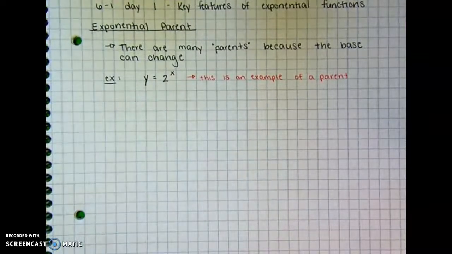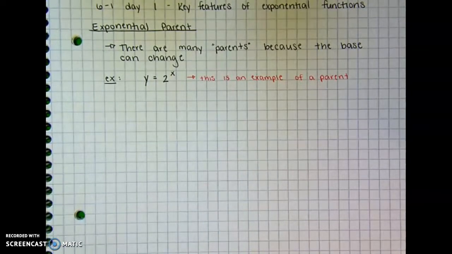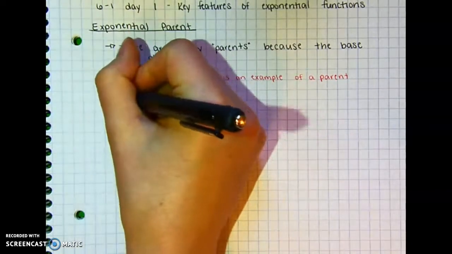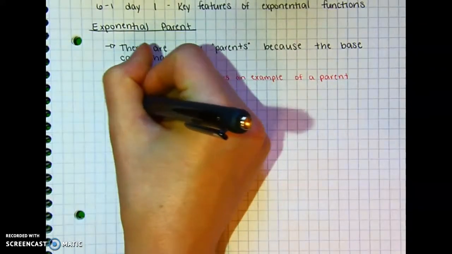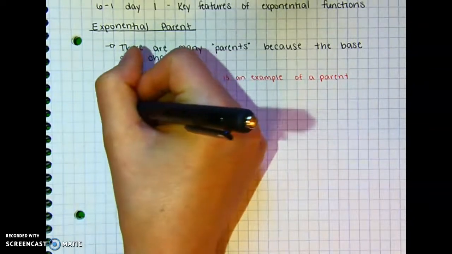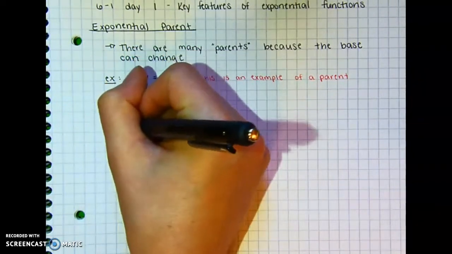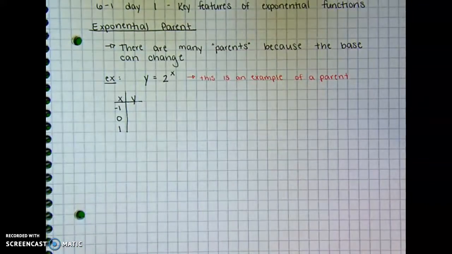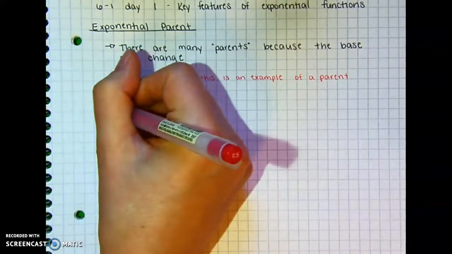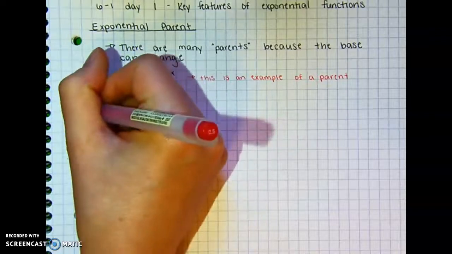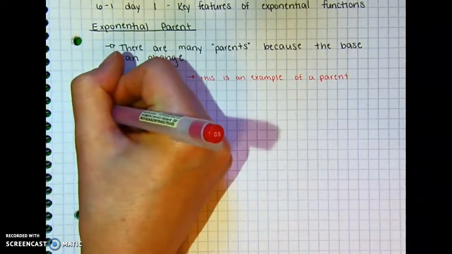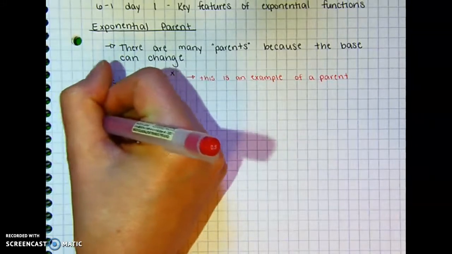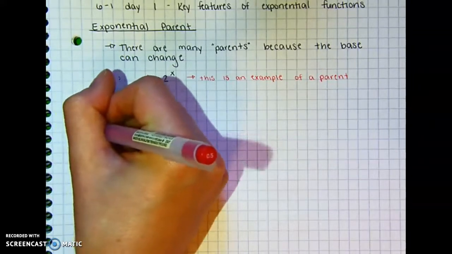So our table will always have the same x values. So we'll do -1, 0, and +1. So always the key x values.